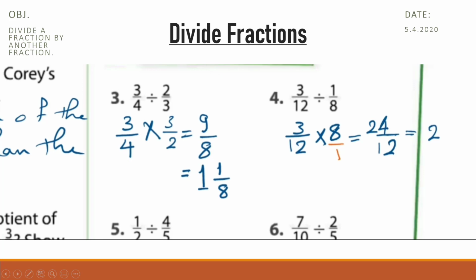We can simplify this first, then multiply, or we can multiply first. If you want to simplify first, let's do the same question again. 3/12 multiplied by 8, which is 8/1. And now simplify. Divide by 4, this will be 3. Divide by 4, this will be 2.